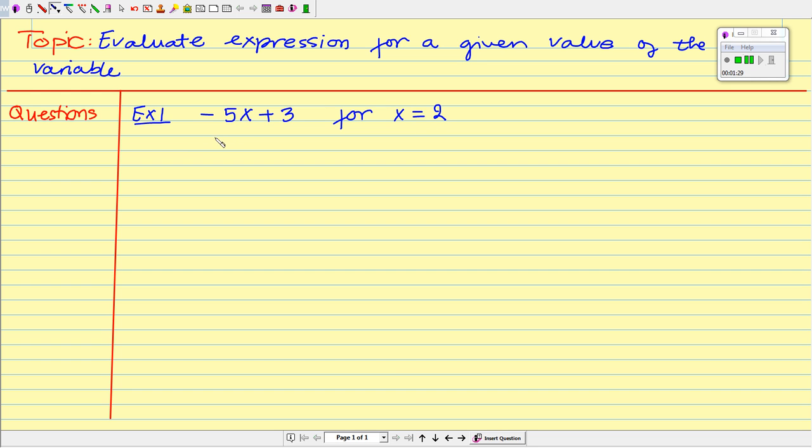So you are going to go to the given expression and substitute x for 2. Using the order of operations, you will multiply first and then add. So the sum will give us negative 7. Okay, and let's move on to example 2.